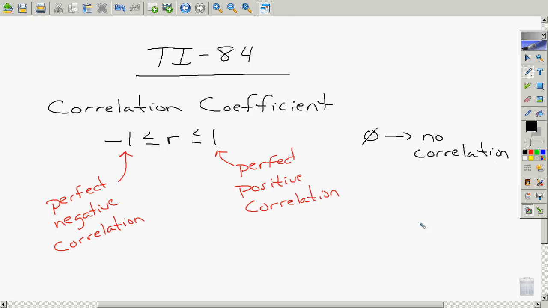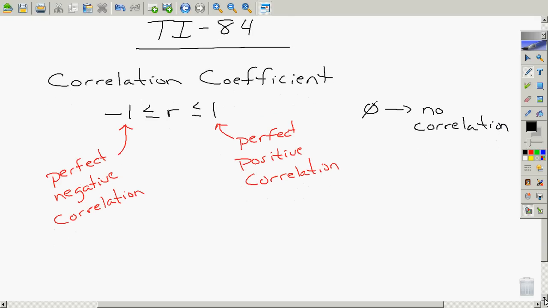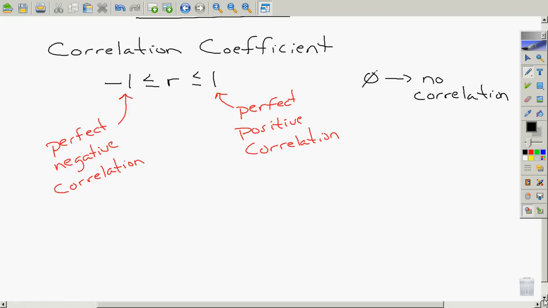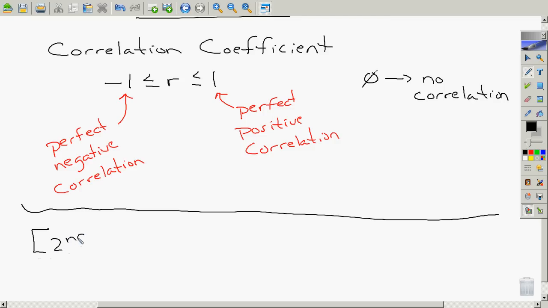Okay, so let's see how this works on our calculator. The first thing you've got to make sure you do is make sure diagnostics is turned on. So the way that you do that is you are going to hit the second button, and then you're going to hit the 0.